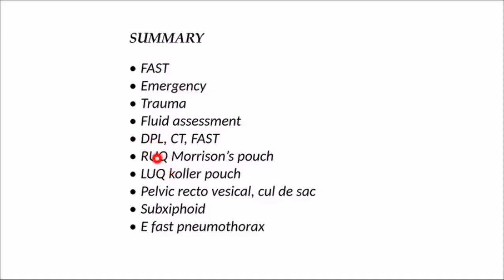The fluid collections can be evaluated in the right upper quadrant, Morrison's pouch, left upper quadrant, Koller's pouch, pelvic rectovesical pouch in the male, and cul-de-sac or retrouterine region in the female. For the pericardial fluid collection, it's in the subxiphoid region, and for extended FAST in pneumothorax, it's in the midclavicular line of both anterior chest.